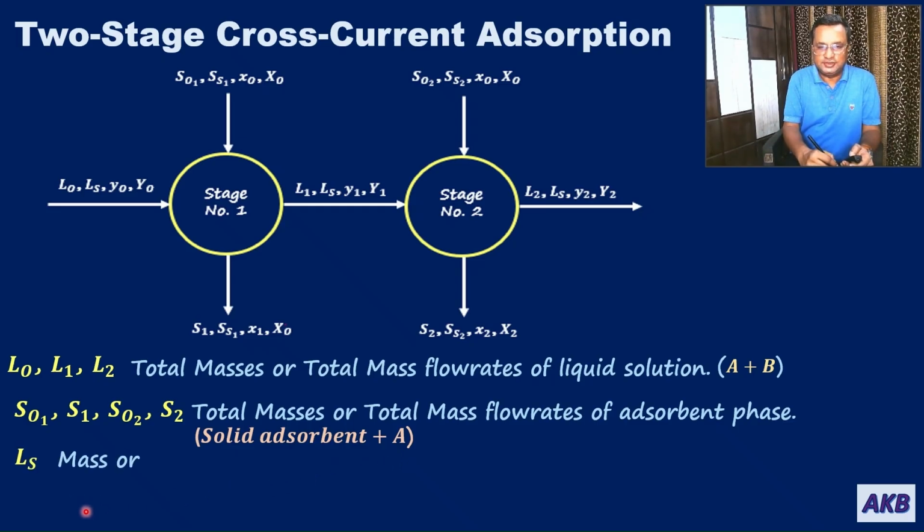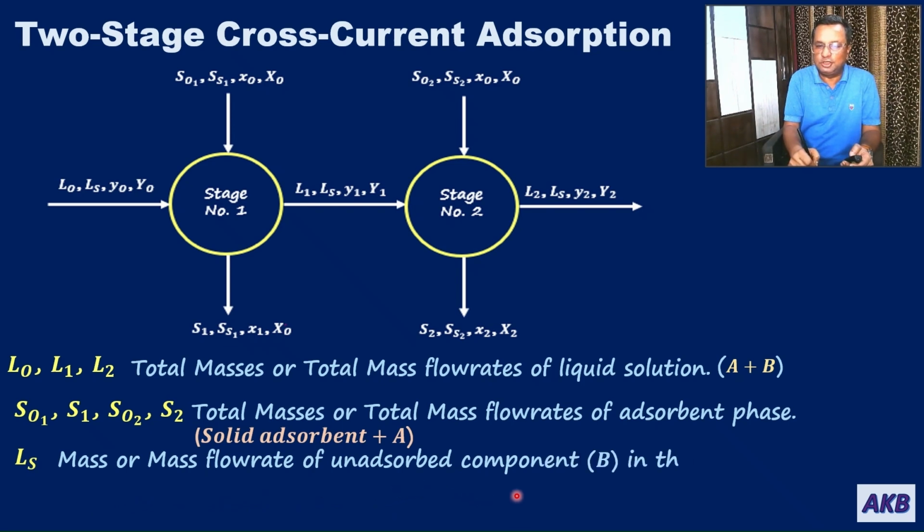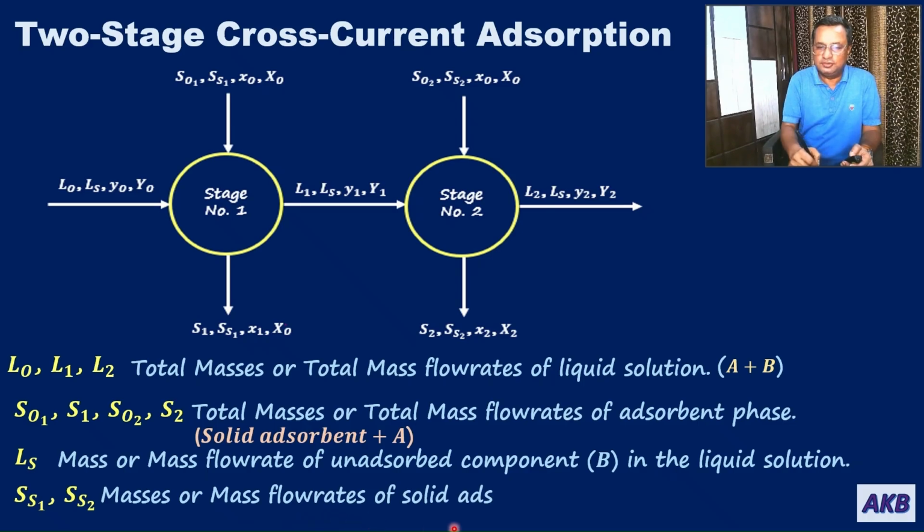Then you have LS, which is nothing but the mass or mass flow rate of the unadsorbed component. In this case, it is component B in the liquid solution. And then SS1 and SS2 are masses or mass flow rates of solid adsorbent in the adsorbent phase. SS1 is for stage number 1, SS2 for stage number 2.